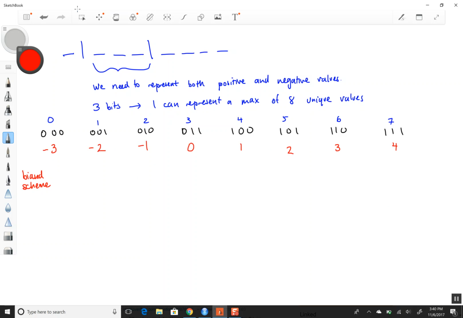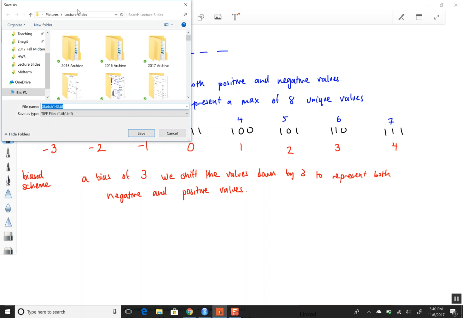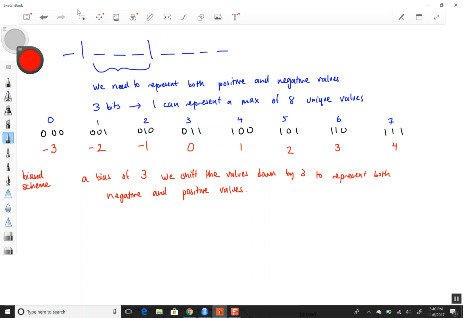So here we have a bias of 3. We've shifted the values down by 3 so we can represent both negative and positive numbers. Is that okay?